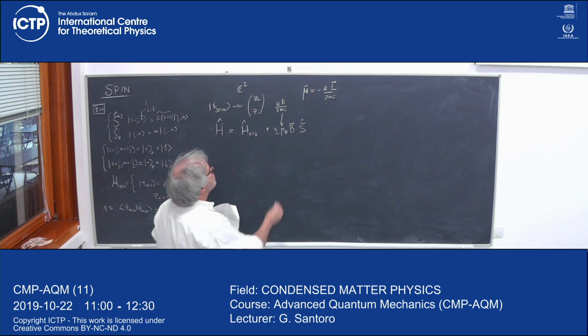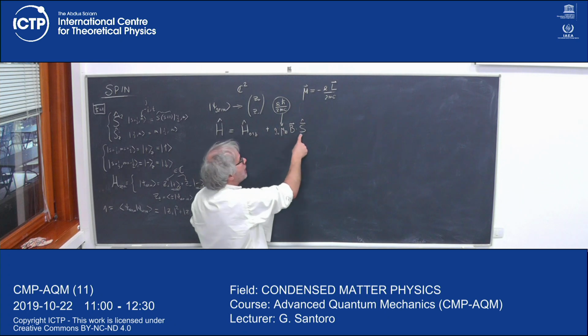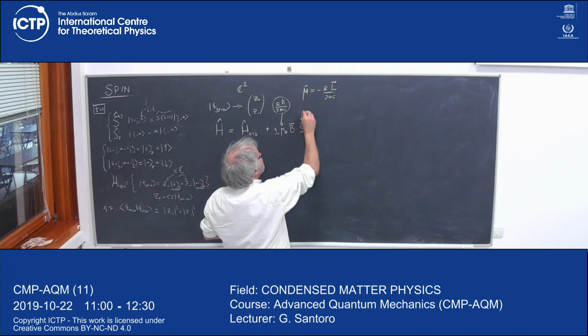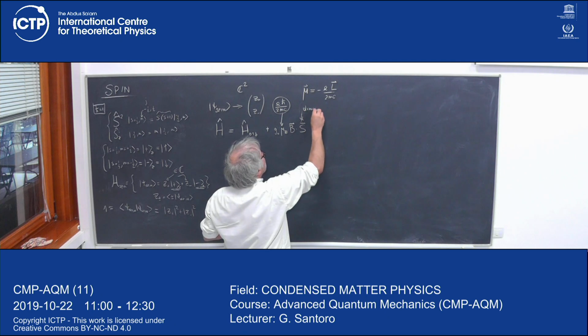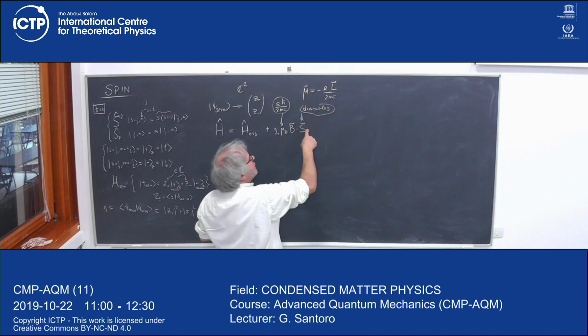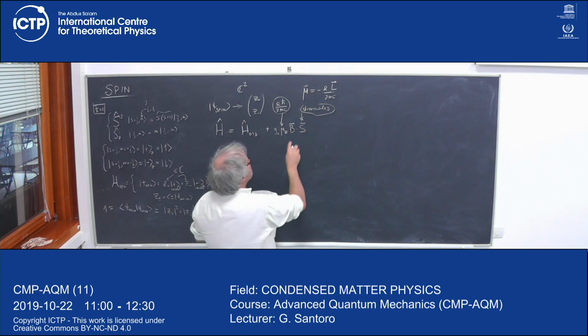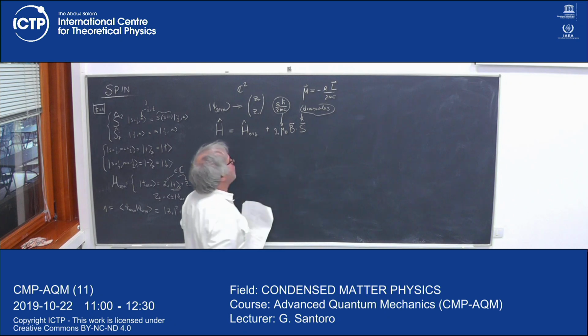So this is the Bohr magneton. In this way, h bar is already accounted for here, so S here is dimensionless. Don't forget. There are no h bars here. They are already here. Good. This is the magnetic field, and this is the spin operator.